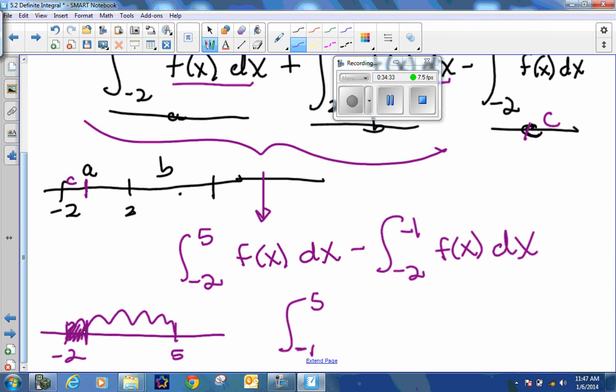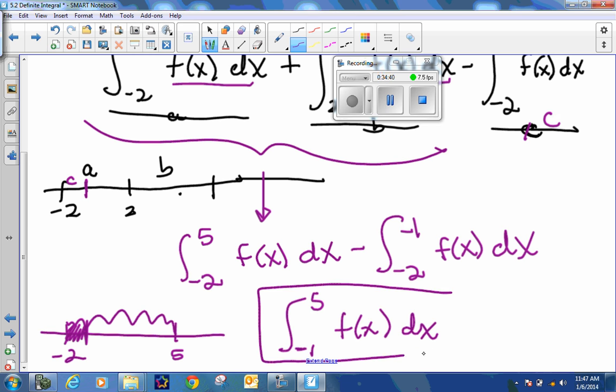So we're only starting at -1 to 5 of f of x dx, and that's the answer. That's how we've written it in terms of a single integral.